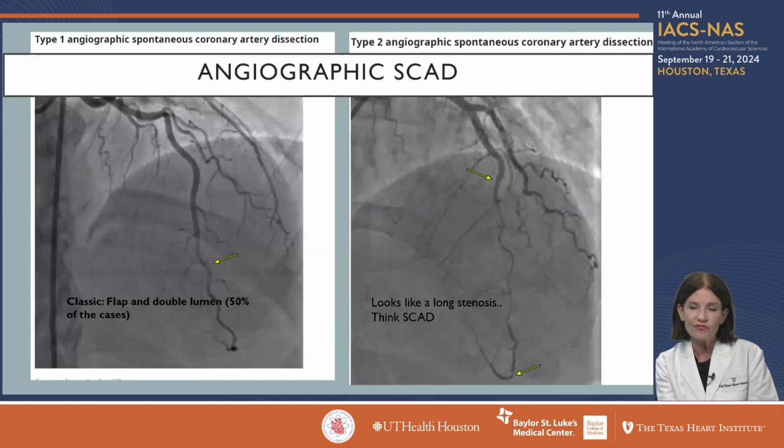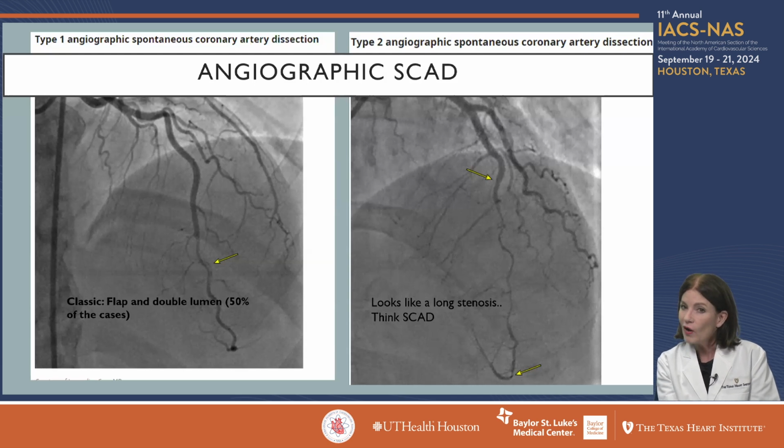And I wanted to finalize this presentation with just showing some pictures of what SCAD looks like. On the left, it's the more typical SCAD, where you see an intimal flap and then this double lumen you can see at the arrow. And this occurs in between 45% and 50% of the cases. So this is one where it's kind of obvious that there's a dissection in the artery.